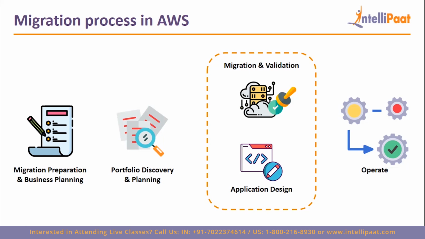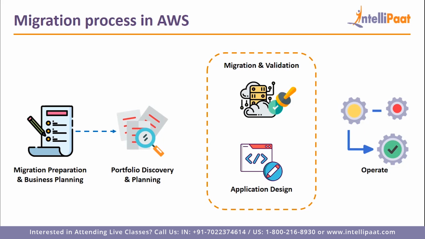So after preparing how to do it and what should be used to do it, then they have to do portfolio discovery and planning. In this step, you will plan for the uncovered items which you created in the business planning and migration preparation. So you would have discussed what has to be done, what environment has to be launched, how the architecture should look. So you would have planned all of these business use cases.